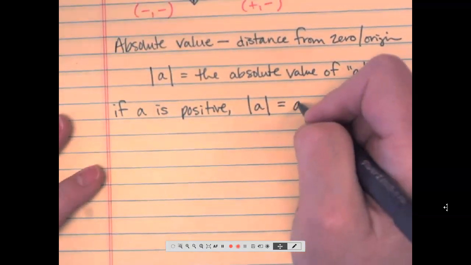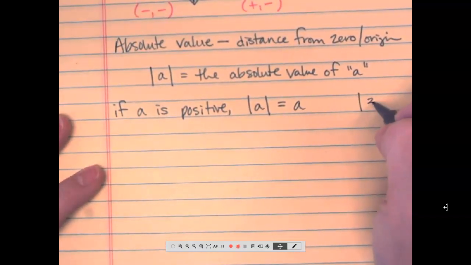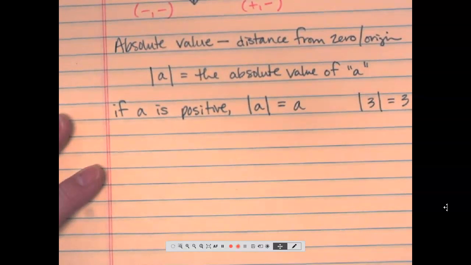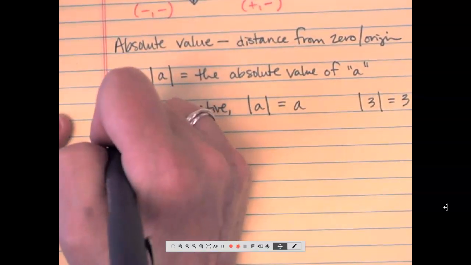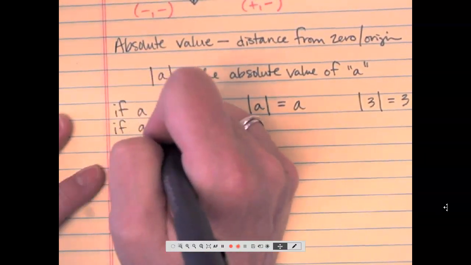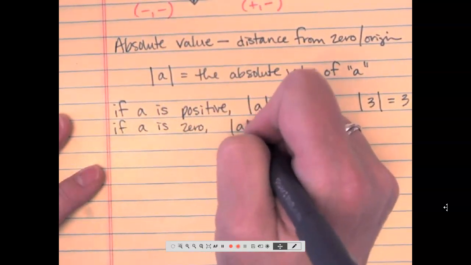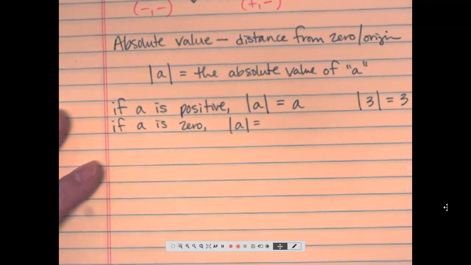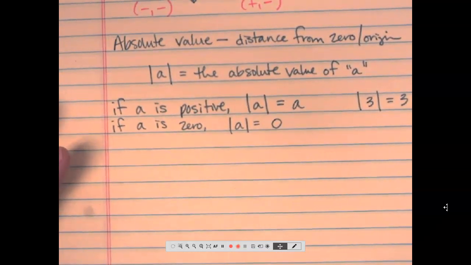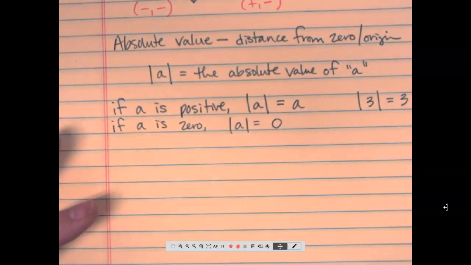A. So, for example, the absolute value of 3 is 3. If A is 0, the absolute value of A is what? 0. Yeah, we can have an absolute value of 0. You can have a distance of 0. Okay, you can't have a negative distance there, right?